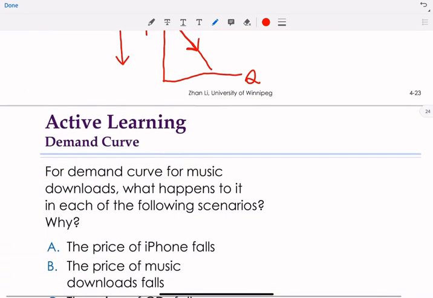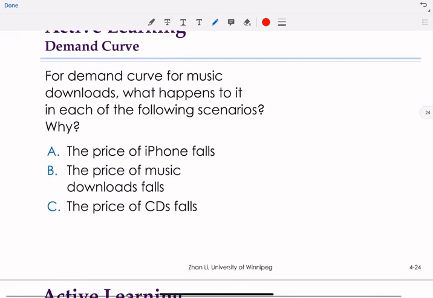Now let's see the example here. So for the demand curve for music downloads, what happens to it in each of the following scenarios? So we have basically three cases here, right? The first case is the price of iPhone falls.